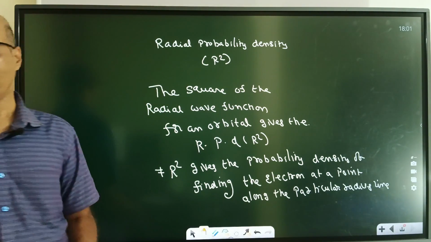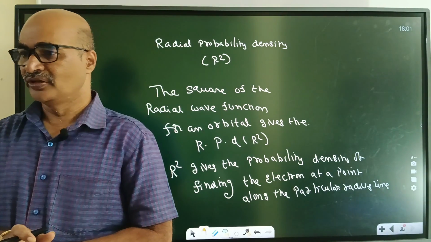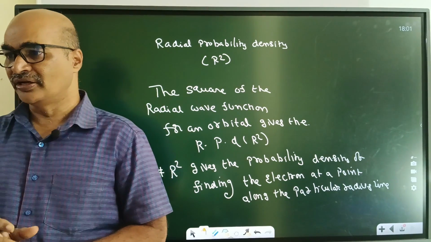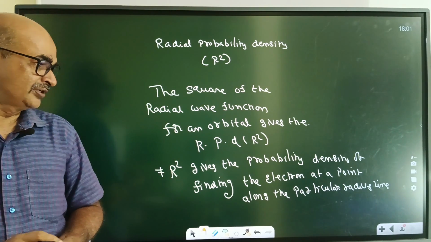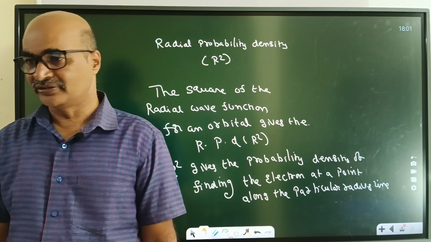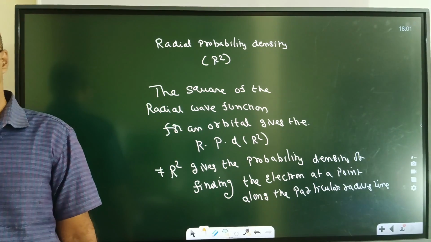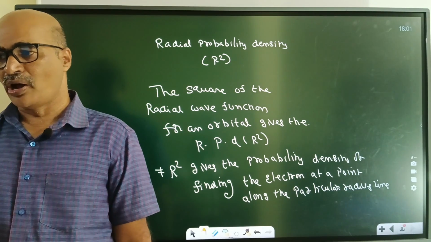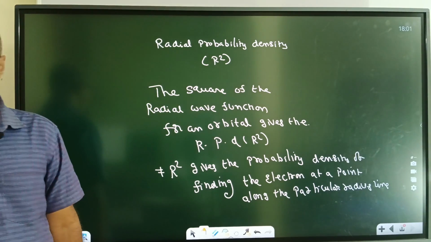Okay, I repeat, R square gives the probability density of finding the electron at a point along the particular radius line. To get such a variation, the simplest procedure is to plot R square against R.